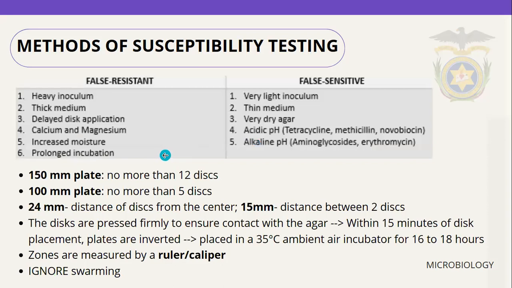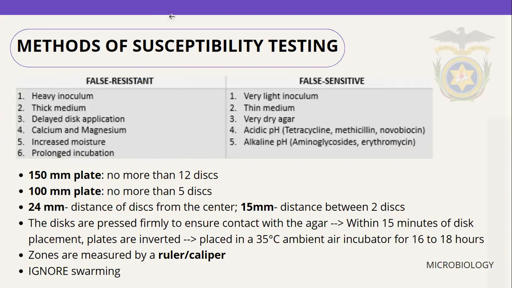So we also have here a table I made about the factors that will lead to false resistance and false sensitivity on antimicrobial susceptibility testing. We have our false resistant first: heavy inoculum, thick medium, delayed disc application, calcium and magnesium, increased moisture, and prolonged incubation.